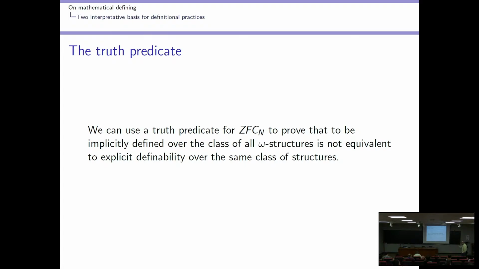But we can show the point that I am raising with the truth predicate. We can use the truth predicate for ZFCN to prove that being implicitly defined over the class of all omega structures is not equivalent to explicit definability over the same class of structures.